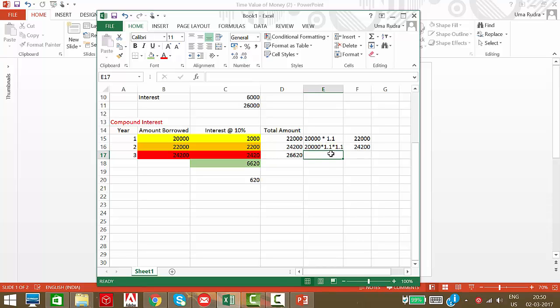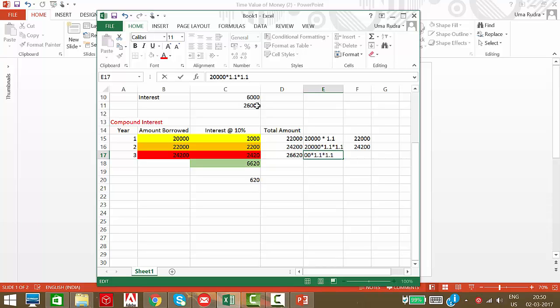Now coming to the third year. My principal is now 24,200. On that, I am charging 10% interest, and all put together, it comes to 26,620. Can I write it that way? 24,200, which is my third year principal, is nothing but 20,000 into 1.1 into 1.1.